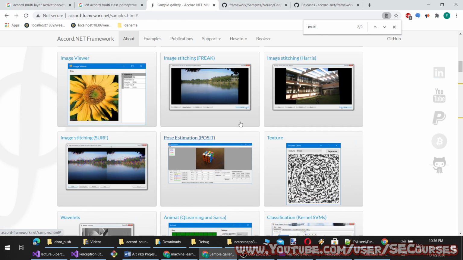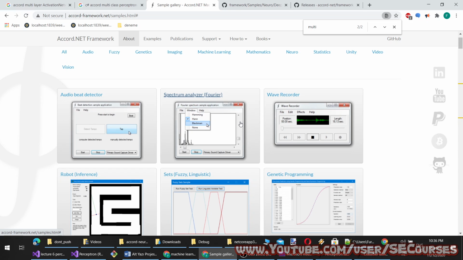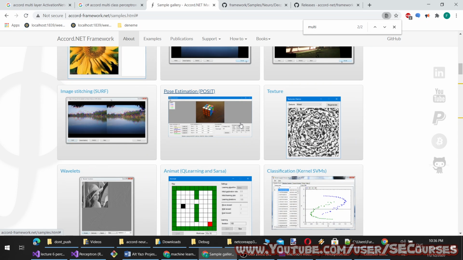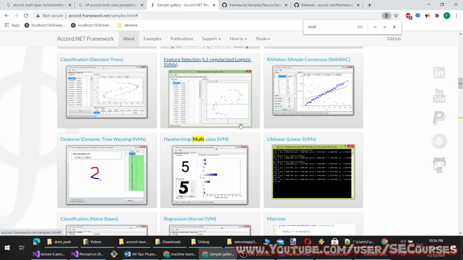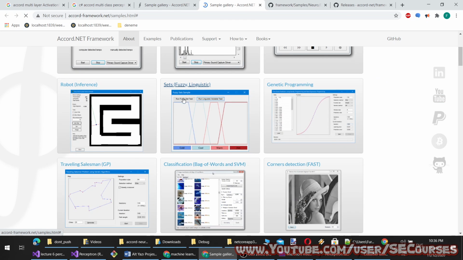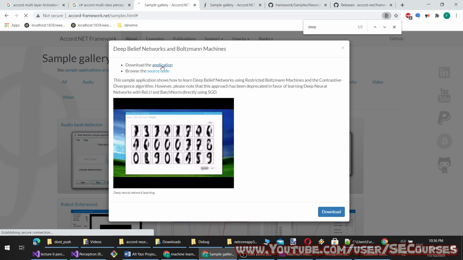Okay, it fixed our problem, but it didn't improve our algorithm, so I am going to check the deep belief networks and let's download the application.